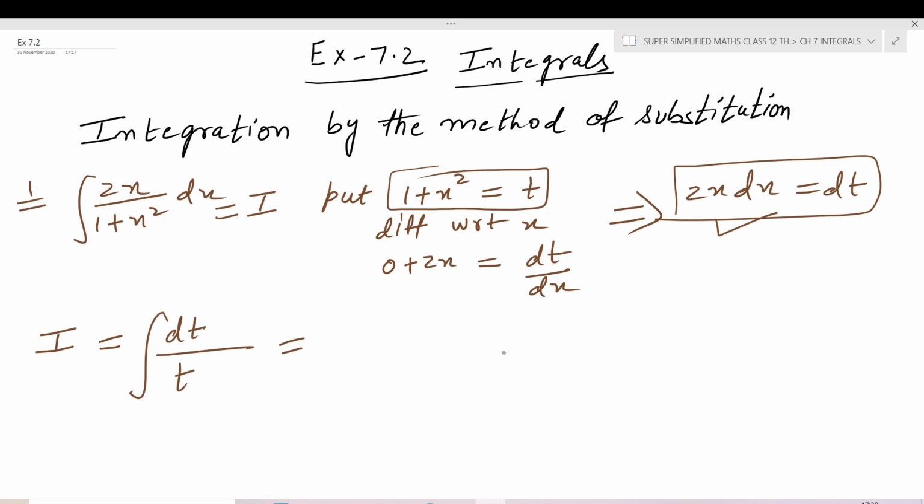So again I know that 1 by t is the derivative of log t, and therefore integration of 1 by t will be log mod t plus a constant of integration. And now after this you have to substitute back t, and the value of t was 1 plus x square.